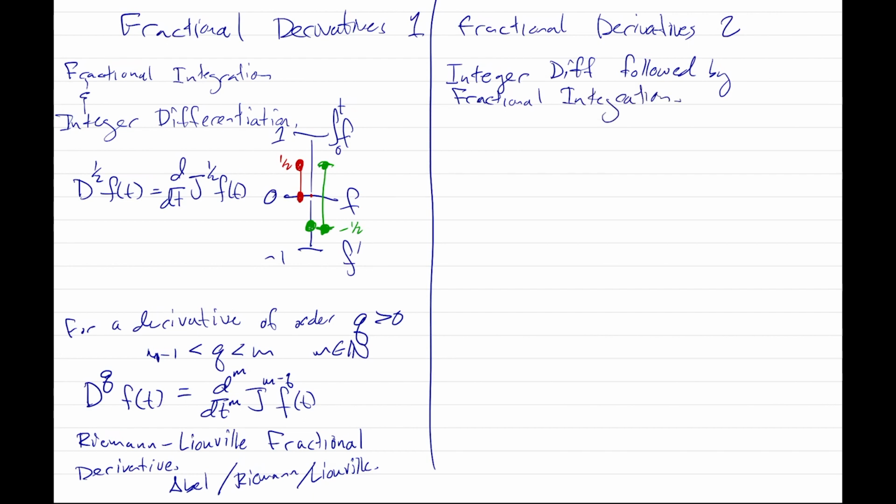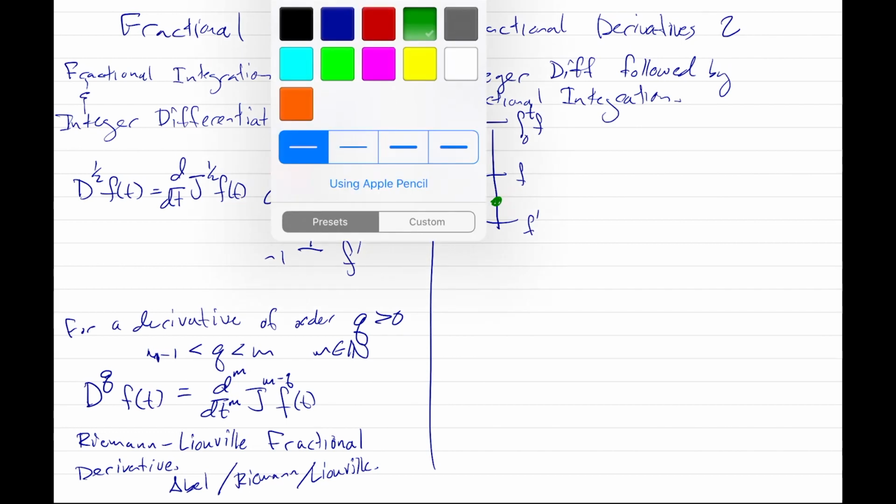On this whole spectrum, where we have the integral from 0 to t of f, which is the antiderivative, f prime, and just f, and we think of this as, say, -1, 1, and 0, our goal is to get to the same spot, call it 1/2.